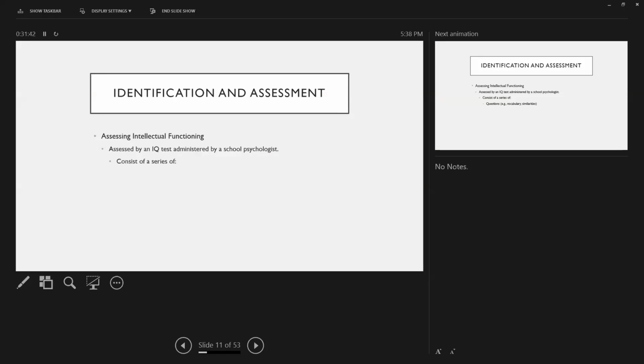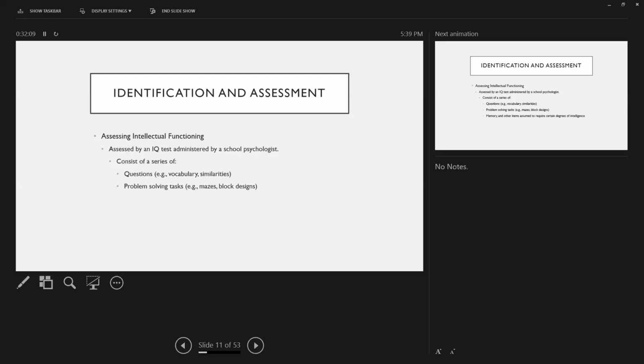They consist of test questions that can be categorized within a few different domains. Vocabulary questions, conceptual similarity questions. These are just a couple of examples of the types of questions that you might see on an IQ test.